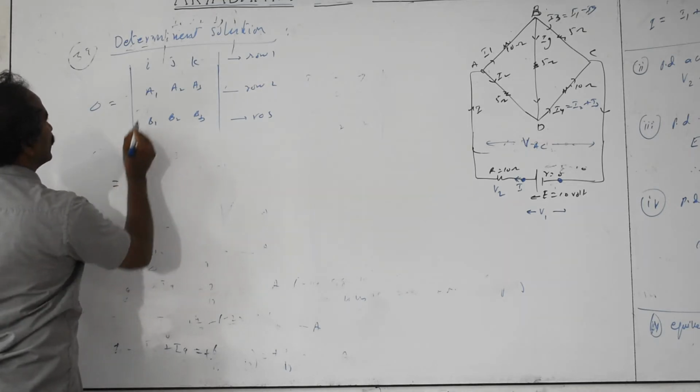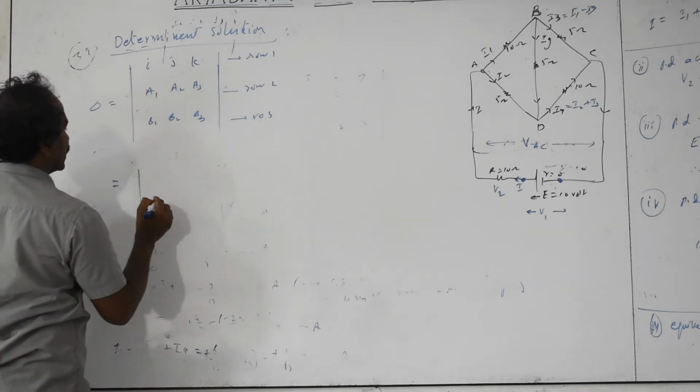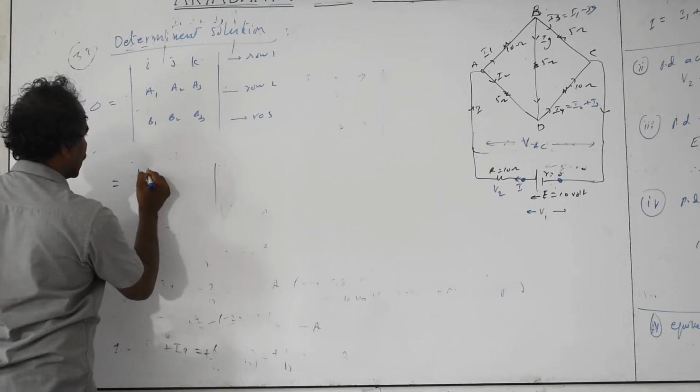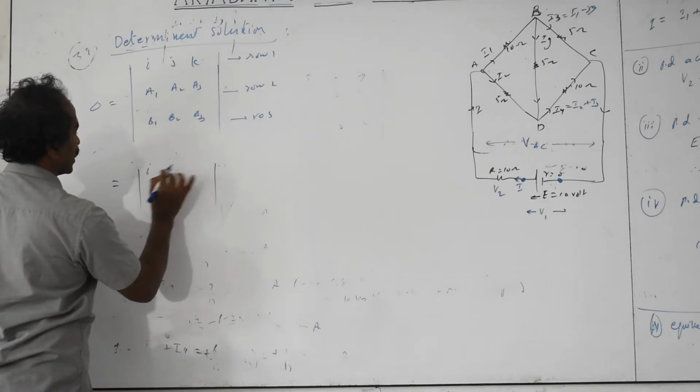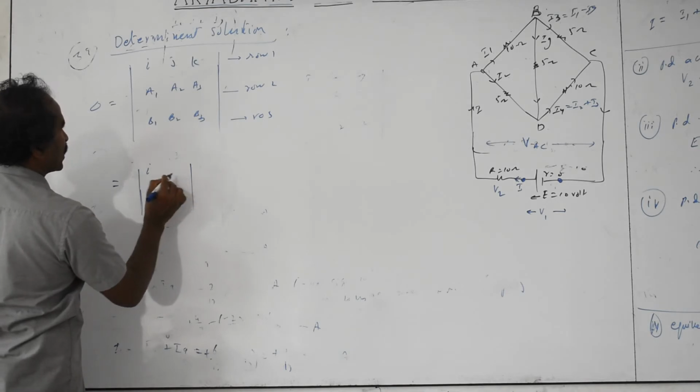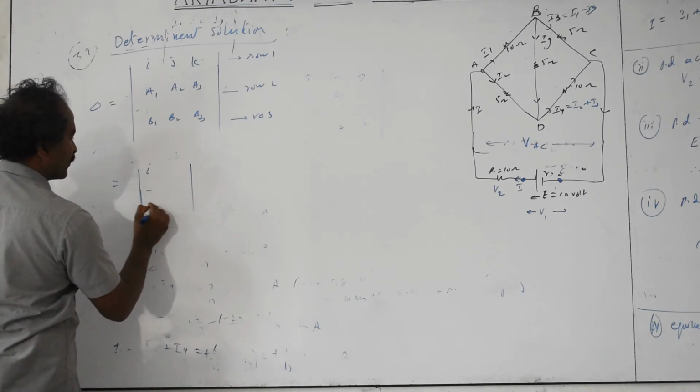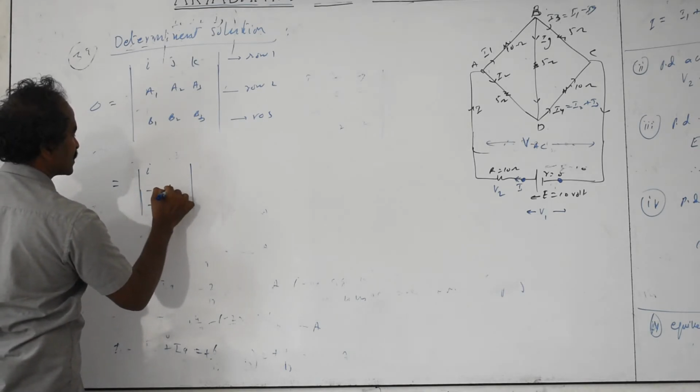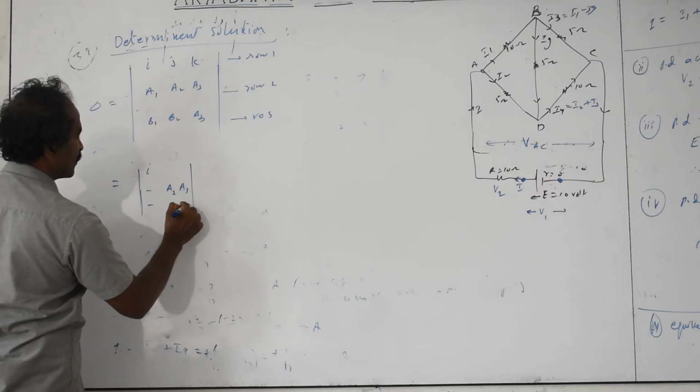When I bring this I, the first step is that you take I and multiply. The remaining entries I am not going to write. Take the I multiplication, and don't take the elements in its row and column. You take the remaining ones, that is A2, A3, B2, B3.